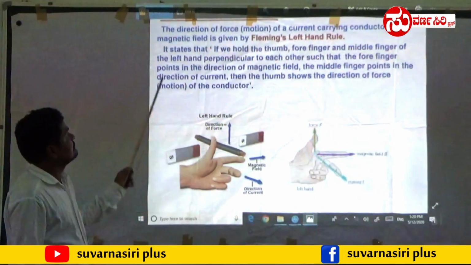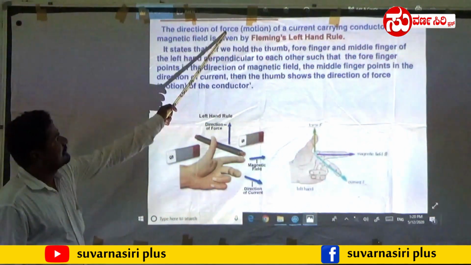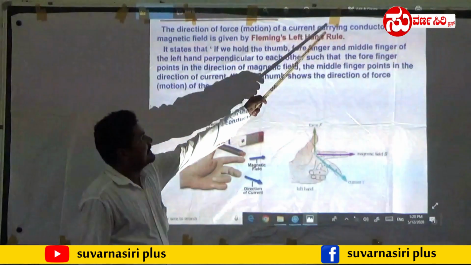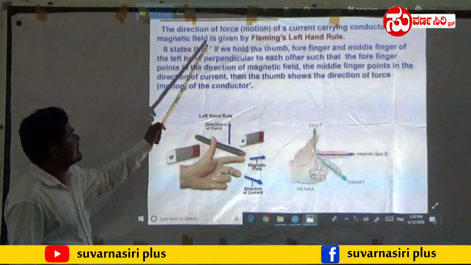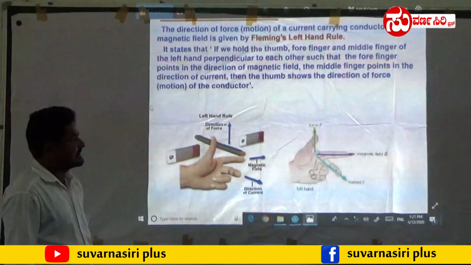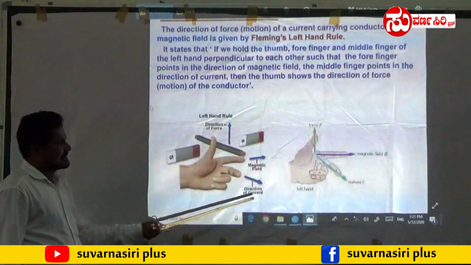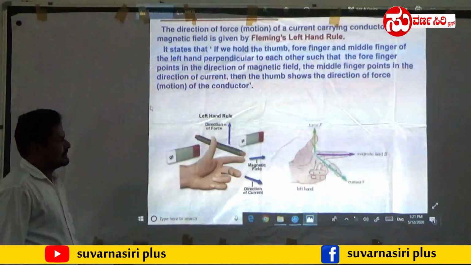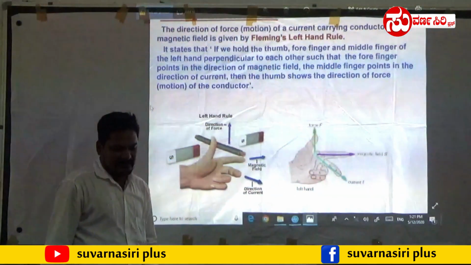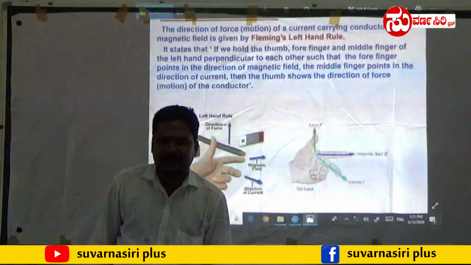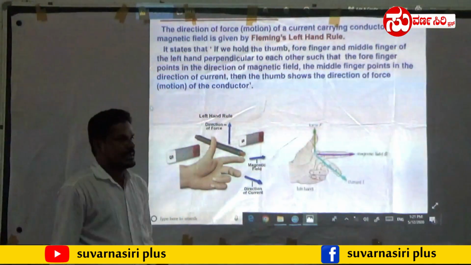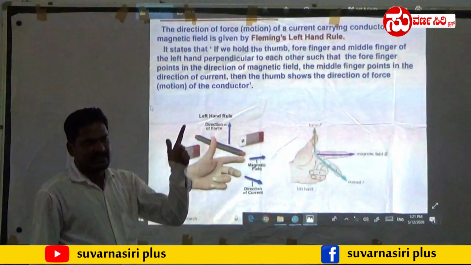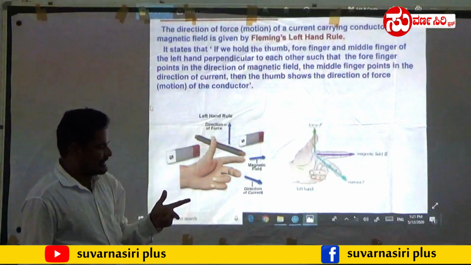Here the direction of force on a current carrying conductor in a magnetic field is given by Fleming's left hand rule. Let's observe this. According to Fleming's left hand rule, you should take three fingers of the left hand.